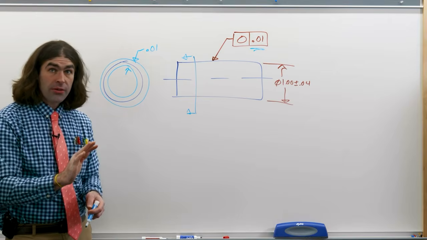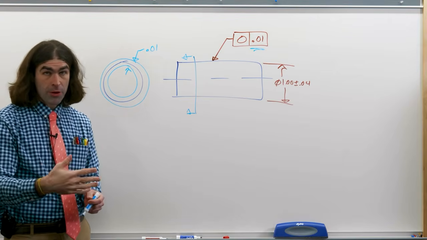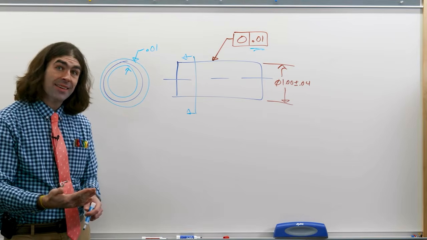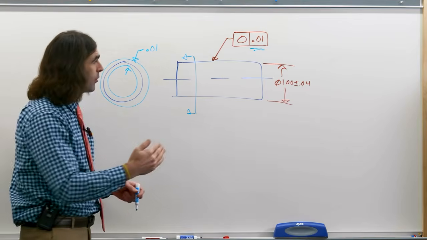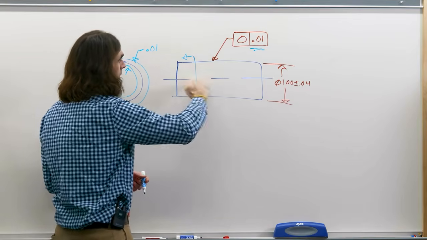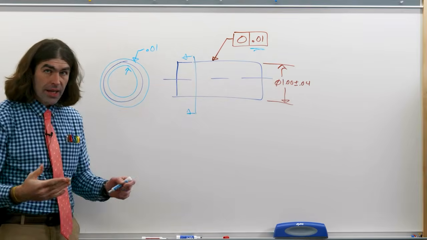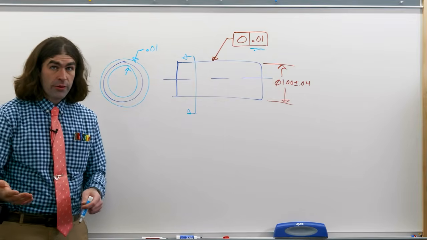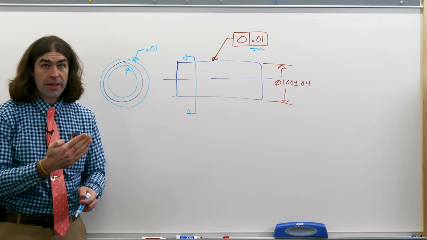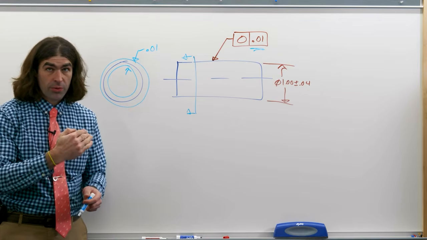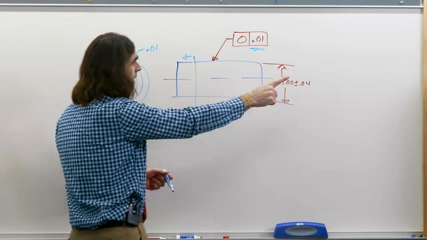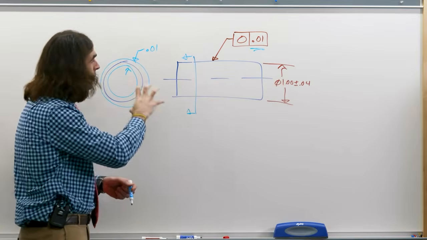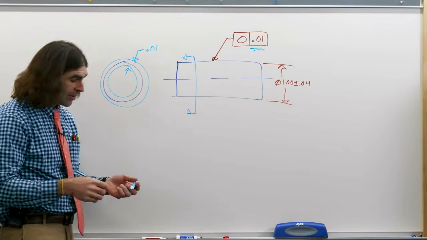Now, the cross sections should be perpendicular to the axis of the feature, okay? So this cross section should be perpendicular to this. But similar to other form tolerances, it only applies to these individual sections. There's no requirement for the length of the part to be straight, just that each individual section is circular.